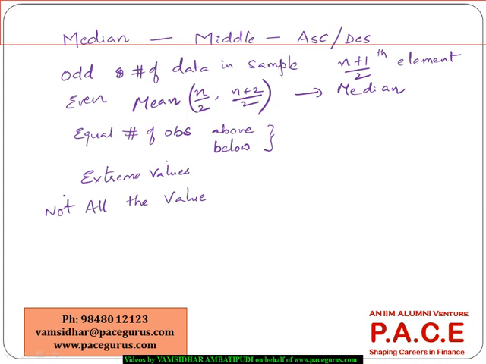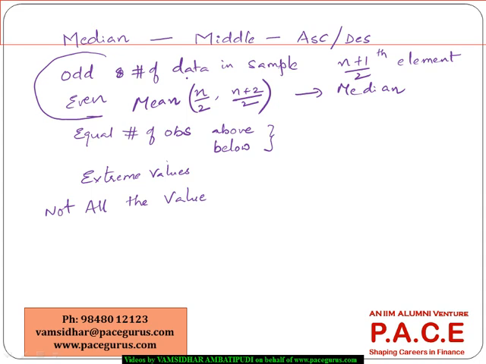It's only based on the ranking, and it's not considering each and every observation, and at the same time it has a slightly complex calculation, because depending on whether the sample is odd or even, I'm changing the mechanism of computation of the median. So that's one reason it's not that easy to compute, whereas mean is straightforward and easy to compute.